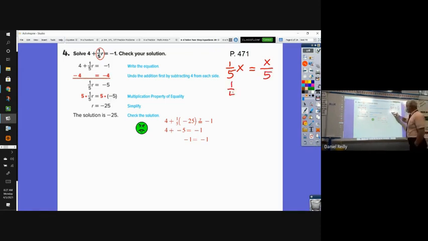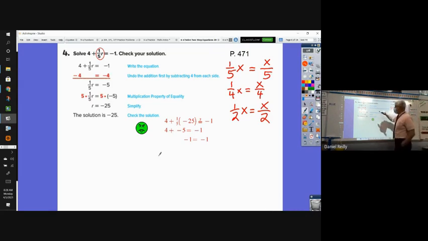Okay, 1/4 x is the same as x divided by 4. 1/2 x is the same as x divided by 2. And I will show these problems like this for you guys, not with a 1/5 x. But you'll see this one just read x over 5. 4 plus x over 5 instead of 1/5 r. So I'll do one of those in a minute.